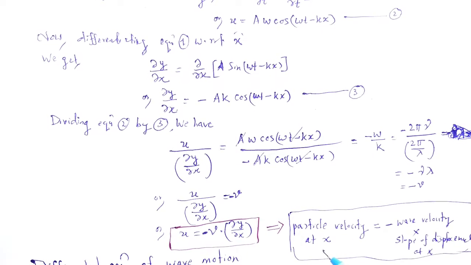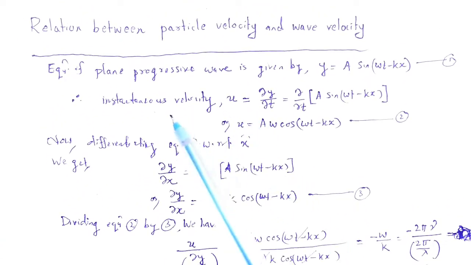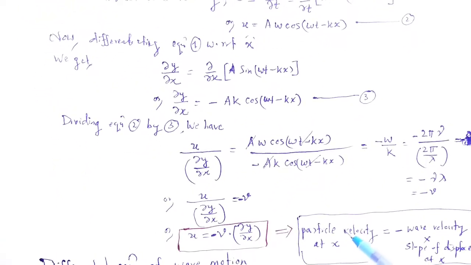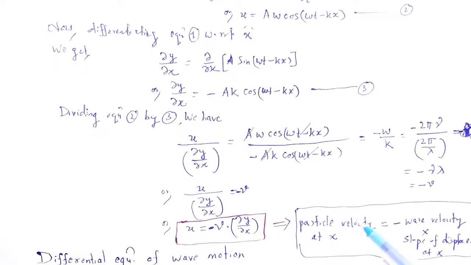Here the particle velocity at x, u, is the instantaneous velocity. So that is the relation between particle velocity and wave velocity.